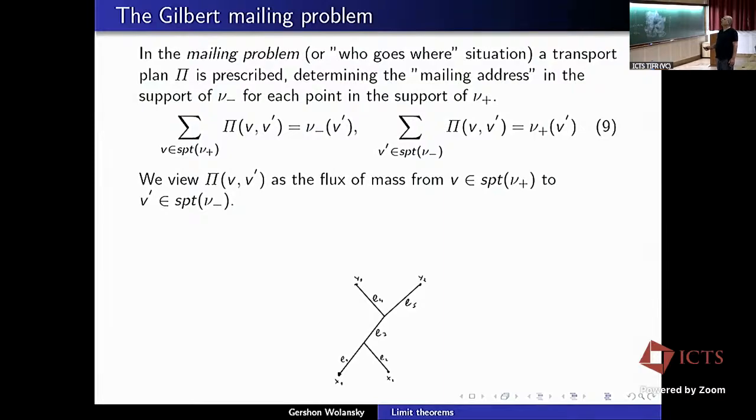This is like the set on which we define the transport plan. But now we fix it. So we view this as a flux of mass from V in the source to V prime in the target.